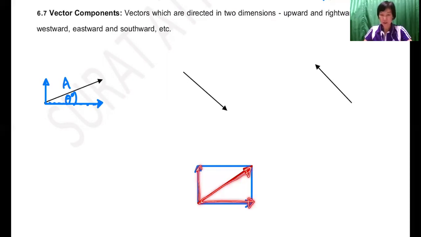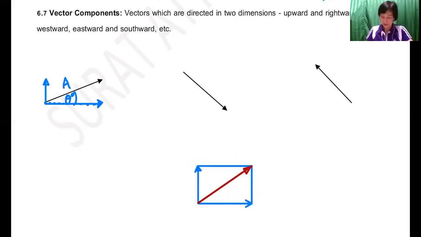Again, the opposite way, or vice versa: if we have one vector with a direction like this one, it means this vector is composed of these two vectors. Or we can say that these two vectors are components of this vector.